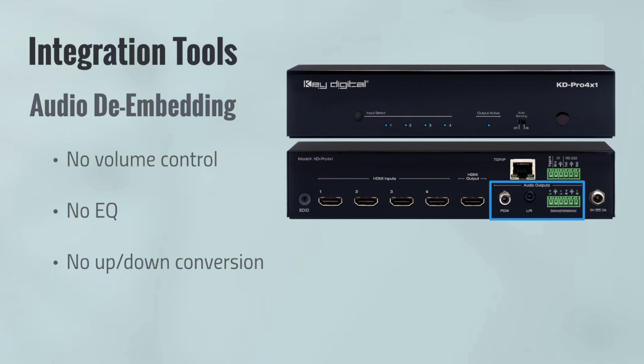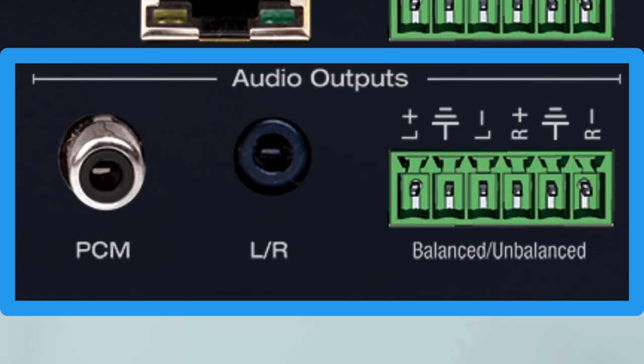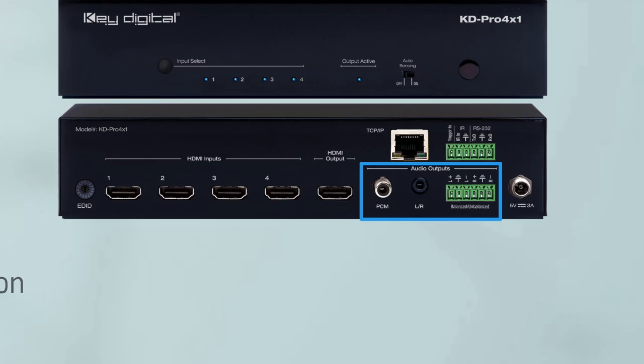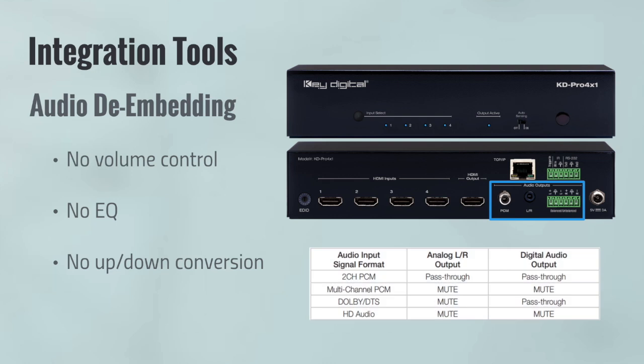Now, with the audio de-embedding feature, there is no format conversion. So if you wish to have 2-channel audio coming out on analog, of course you must come in on HDMI as 2-channel PCM. There is no equalization or volume controls, and there's also no up or down format conversion.